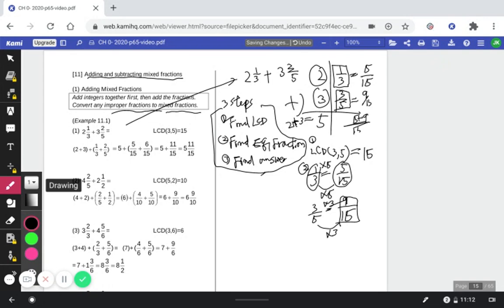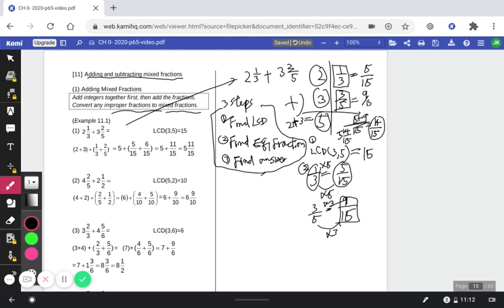So you end up with 14/15. So the integer portion is 5 and the fractional portion is 14/15. So your final answer becomes 5 and 14/15.